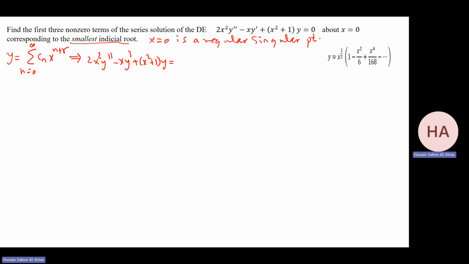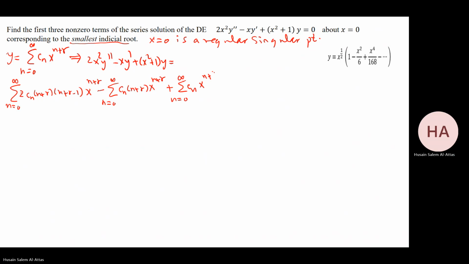That will be summation 2 Cn (n plus r)(n plus r minus 1) x to the power n plus r, minus summation 6 Cn (n plus r) x to the power n plus r minus 1, plus the one with y, Cn x to the power n plus r, and the one with x squared times y, summation Cn x to the power n plus r plus 2, starting from n equals 0 to infinity. That should equal 0.